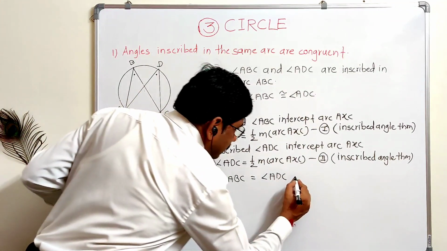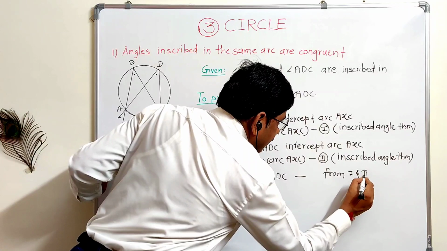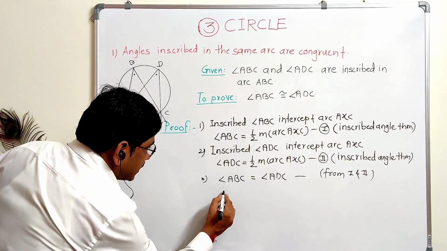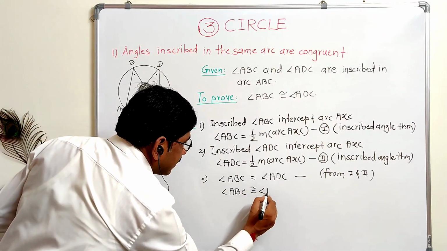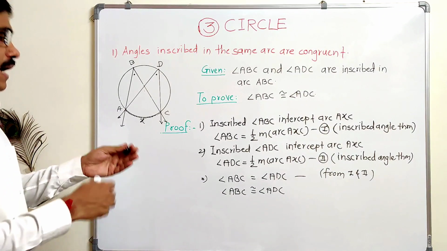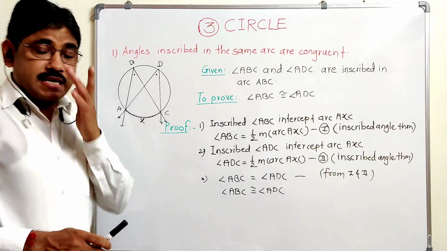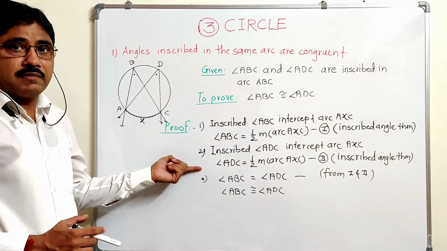Their measures are equal. Reason from 1 and 2, and therefore these are congruent. Their measures are equal means angle ABC is congruent to angle ADC. So in this way we can easily prove that angles inscribed in the same arc are congruent using this theorem of inscribed angle.